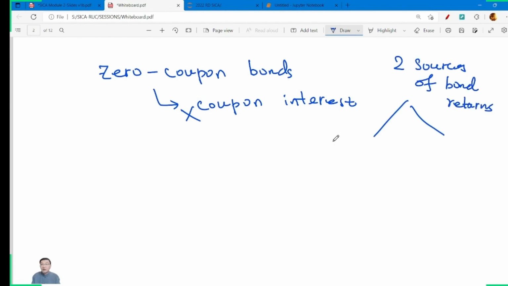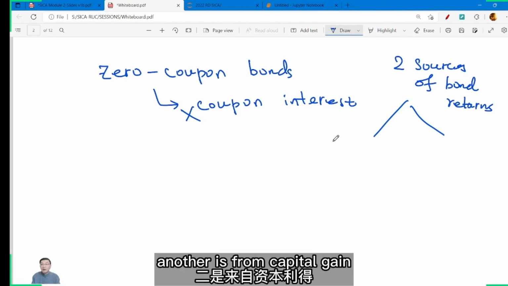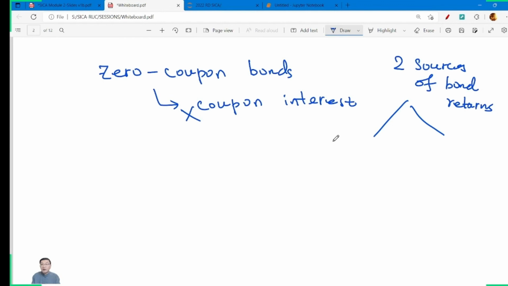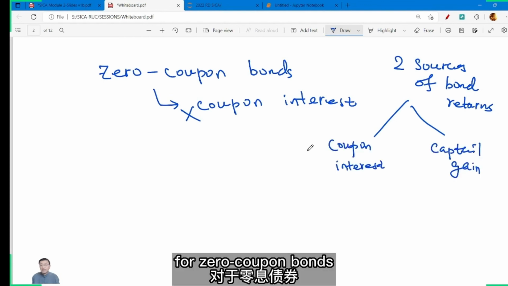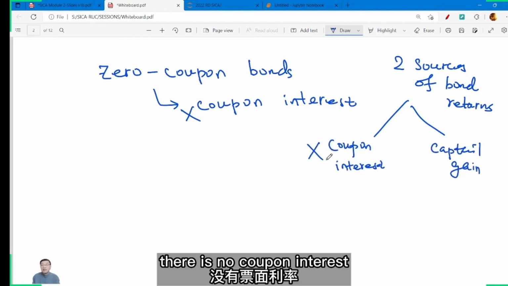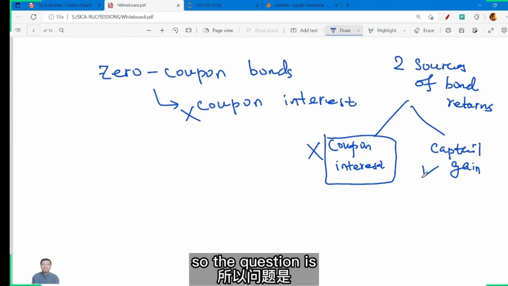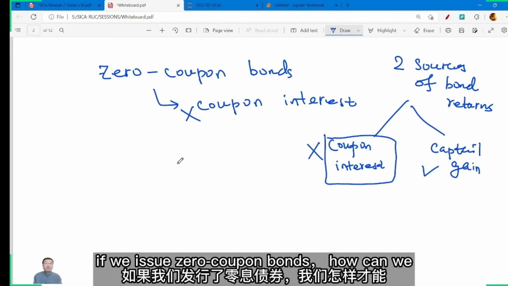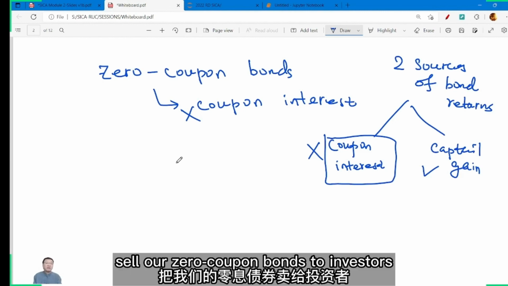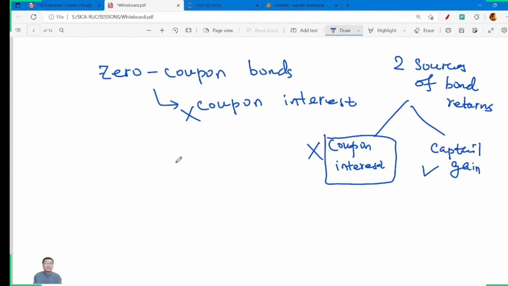One is from coupon interest. Another is from capital gain. For zero coupon bonds, there is no coupon interest, so the only source of return is capital gain. So the question is, if we issue zero coupon bonds, how can we sell them to investors? The secret is the issue price.